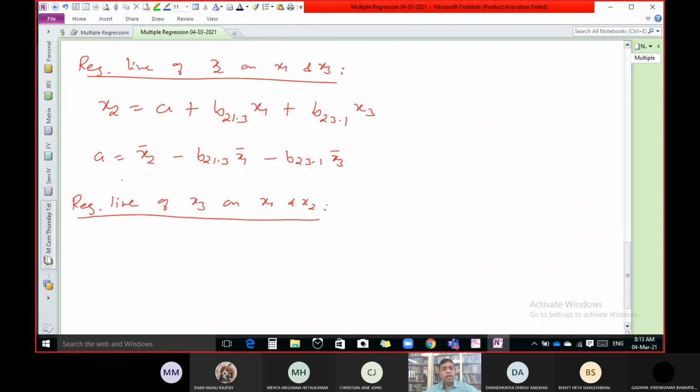So now tell me the form of this x3 on x1 and x2. Any of you able to write the form of the regression line of x3 on x1 and x2? Yes, please.